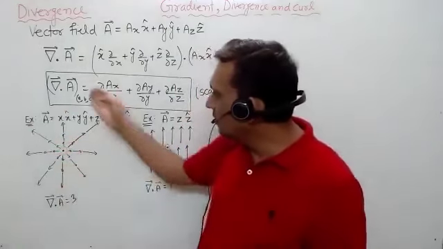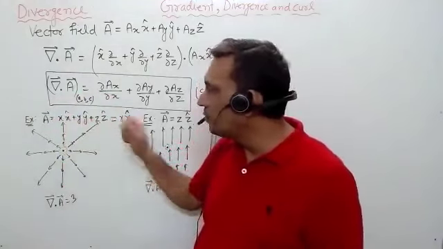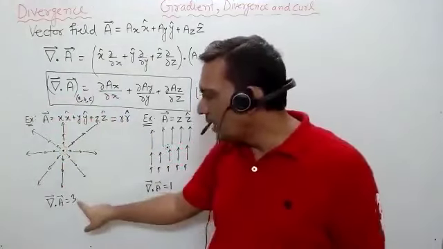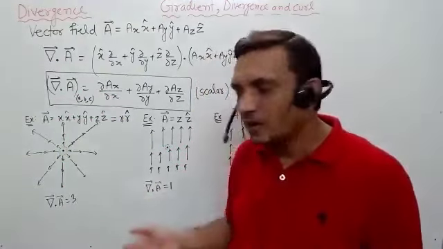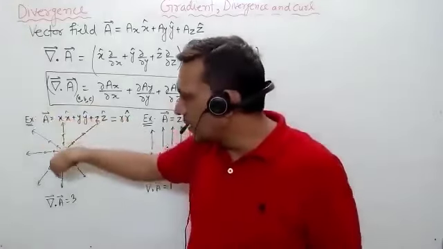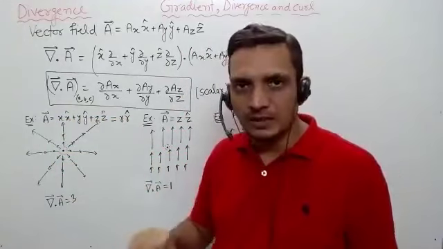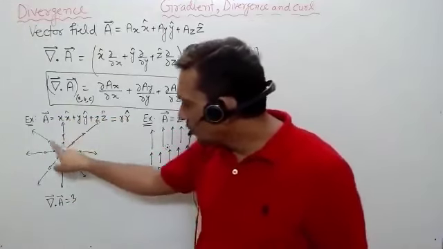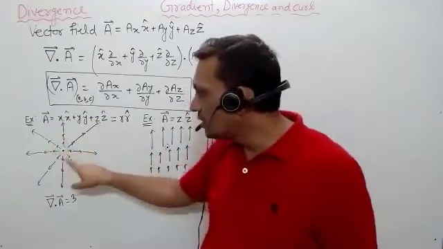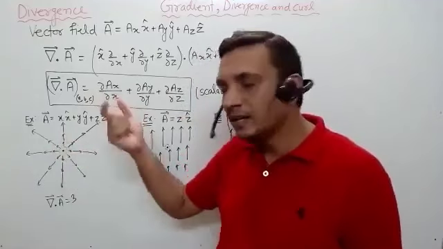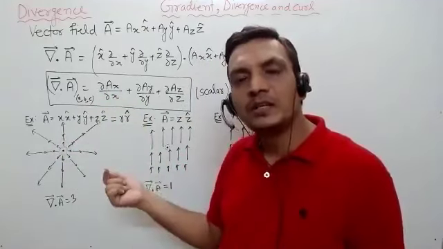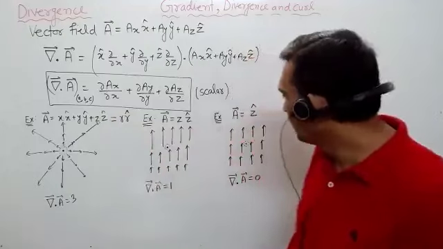If in this case, let's take all as minus sign, you will get divergence as -3. Only the direction will be opposite. So negative divergence means convergence. This is the positive divergence. Positive divergence means spreading, and negative divergence means convergence.